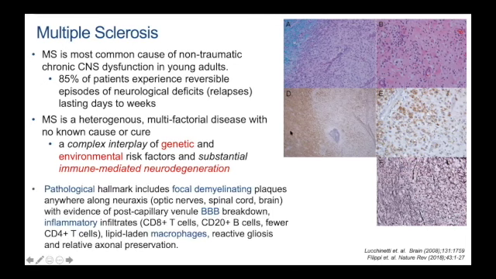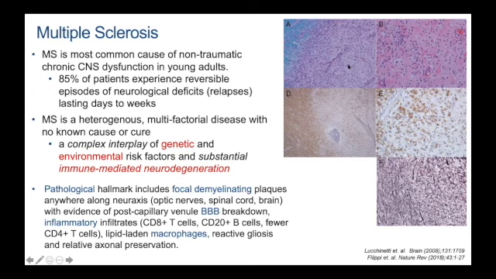And this is work by my PhD advisor, Claudia Lucchinetti, showing the pathological hallmarks of the disease. So there are focal demyelinating plaques that can occur anywhere along the neuraxis. So that includes optic nerve, spinal cord, and brain.